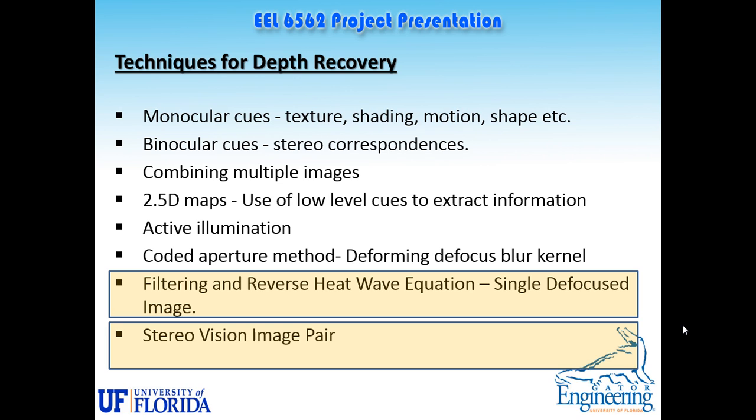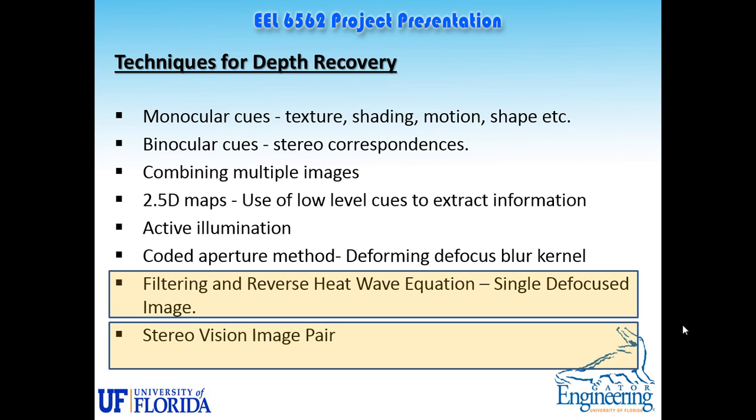Some people use active illumination to figure out the depth recovery. In the literature, there also exists the coded aperture method for deforming the defocused blur kernel. Then there is the concept of filtering and reverse heat equation for single defocused image. Also, there is a well-known technique which is called the stereo vision image pair.